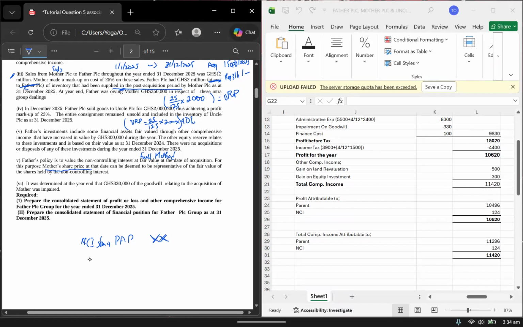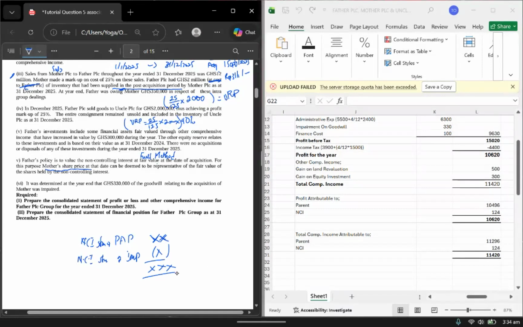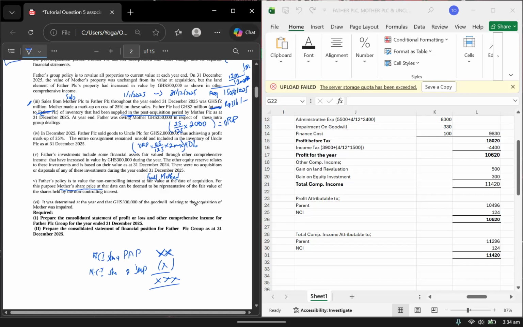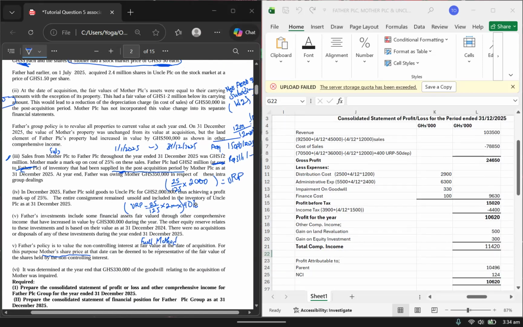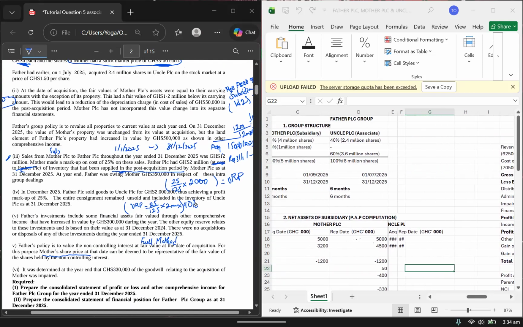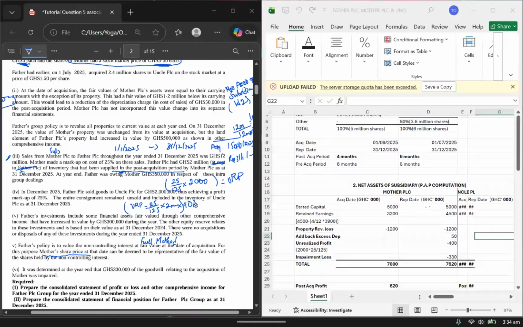Then I'll come and subtract the NCI share of impairments, X, before I get the profit attributable to NCI. Because we are using the full method, I decided to subtract the impairment straightforward.